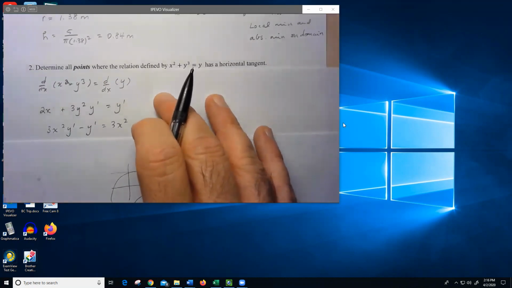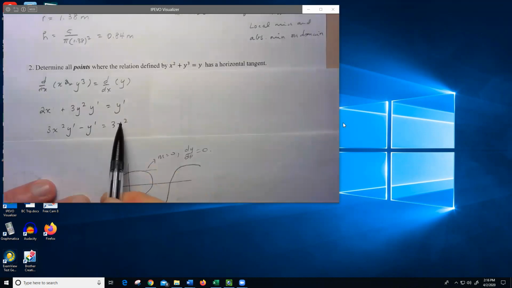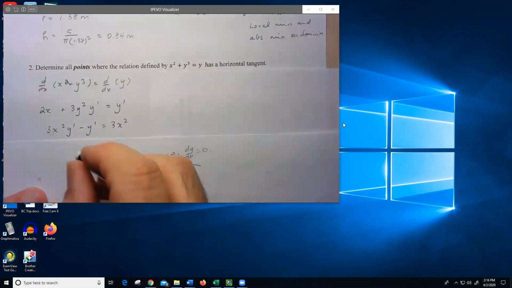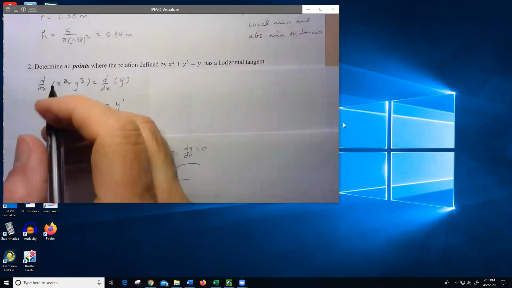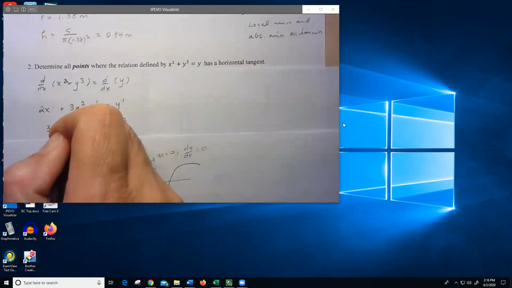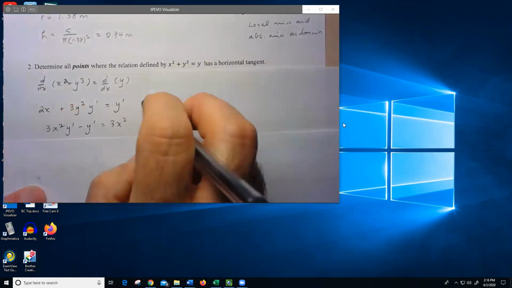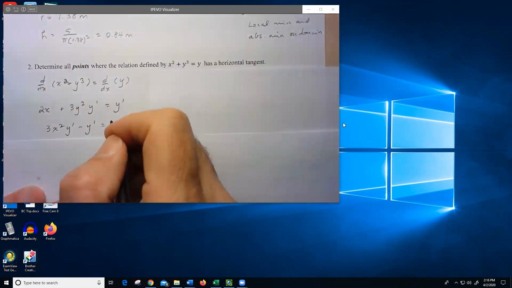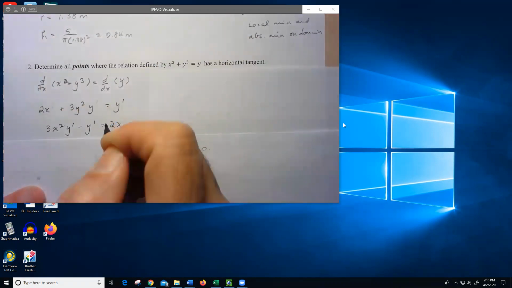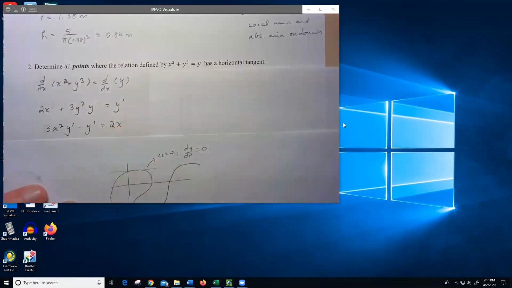Okay, so I'm going to do the same thing. I'm going to collect all the y primes to one side. Except this is going to be, no, that actually doesn't change, 3x squared. This, though, of course, when I bring to the other side, will just be 2x. Oh, 3y squared. Thank you.